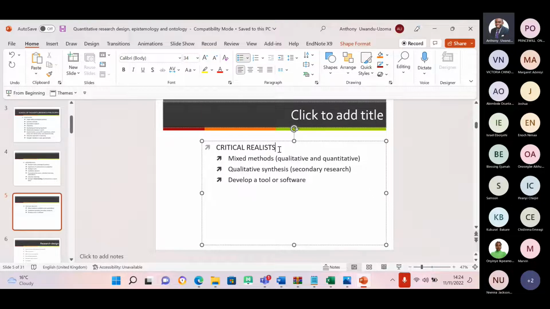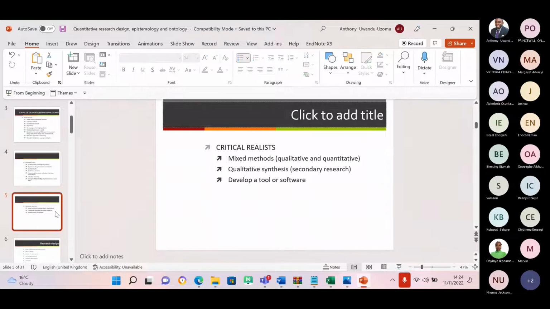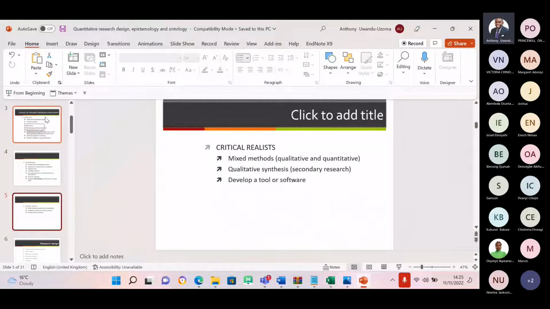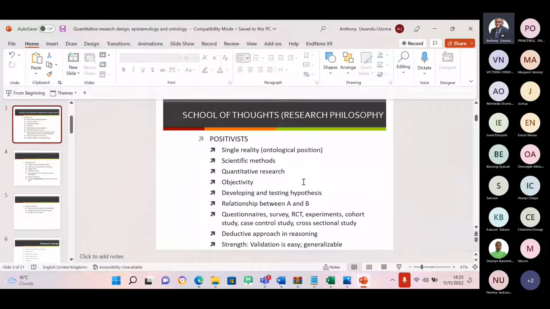Having understood what ontology means, what reality is, we now look at how you gain knowledge. The theory of knowledge is called epistemology.